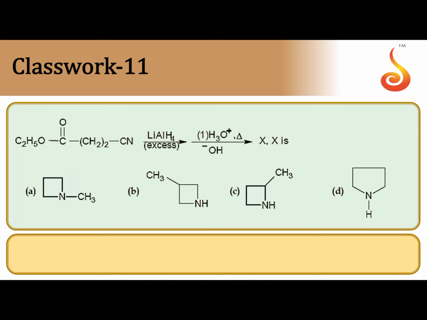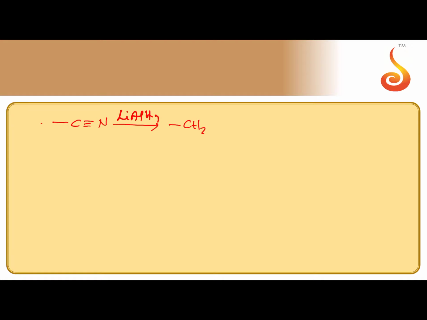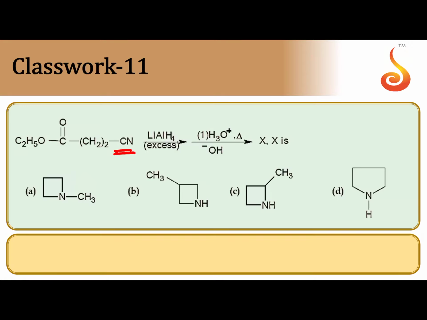Next one, cyanide. Cyanide undergoes reduction to give CH2NH2. CH2CN on reduction with LiAlH4 gives CH2NH2, primary amine.